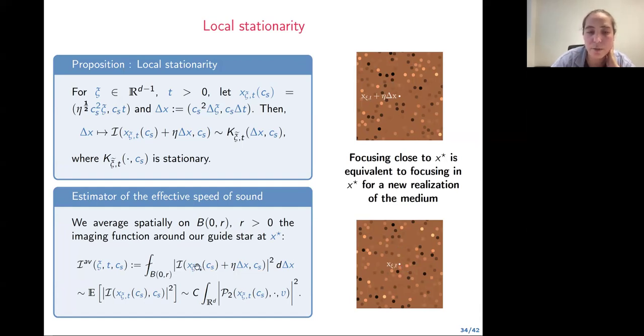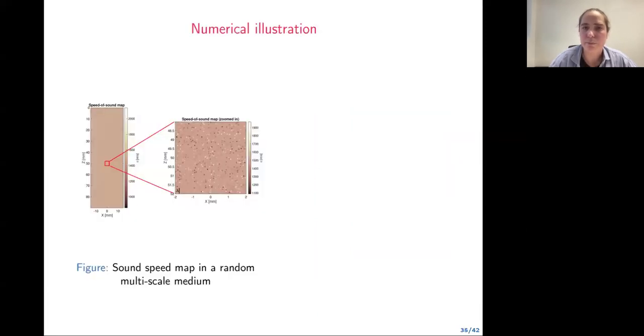So by doing this, what I get actually is just the expectation of the square of my imaging function. Okay, and with this, I have something deterministic that I'm going to be able to use to build my estimator. So let us show some numerical simulation.